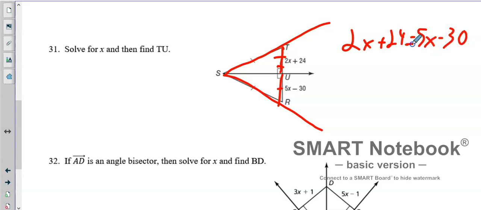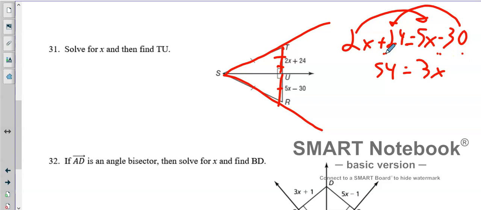Now, I like to keep my variables positive when possible. So I'm going to move this over here by subtraction and get 3x. Which means I'm going to move this over here by addition and get 54. Now again, some of you are not good at doing this mentally and probably should write plus 30 under here and plus 30 under here and minus 2x and minus 2x.